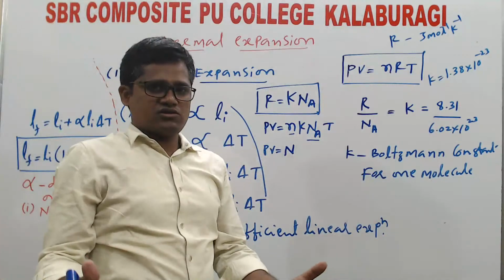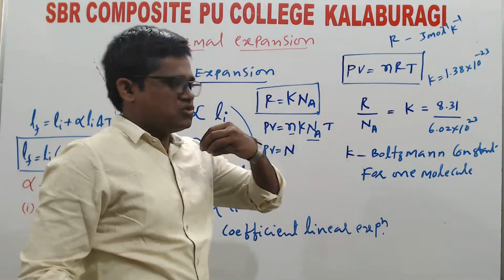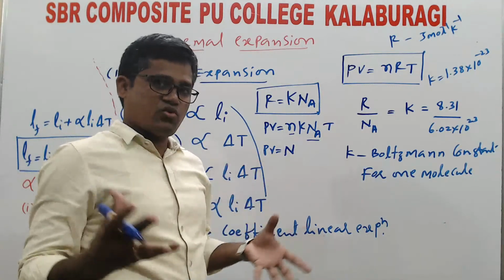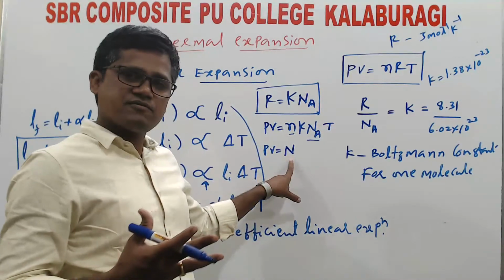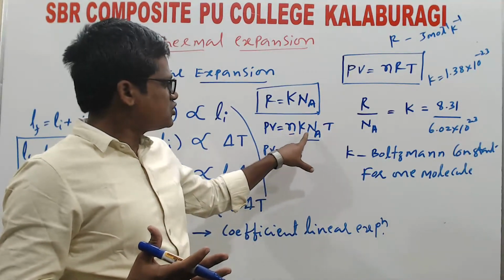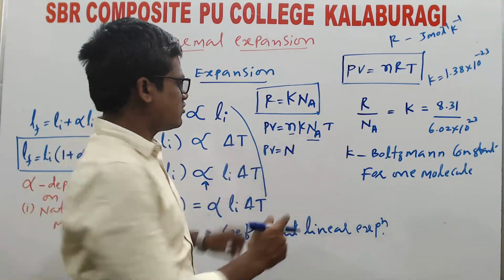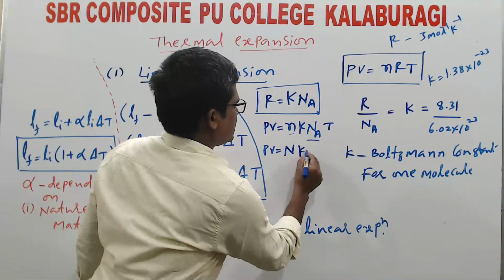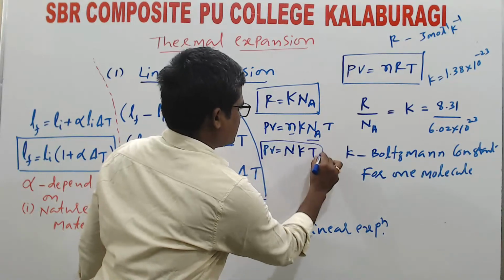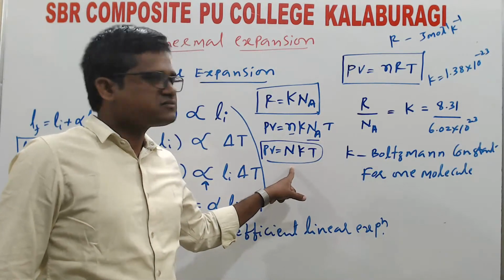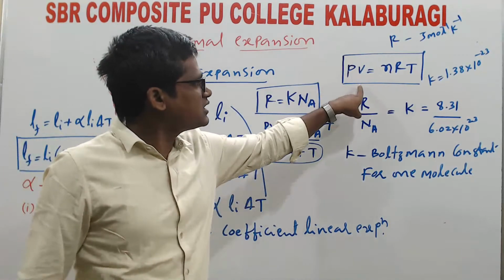You have got some gas with, say, 10 to the power 10 molecules, or 10 to the power 20, whatever the total number of molecules is. Number of moles into the number of molecules present in 1 mole gives the total number of molecules. This is K here, and this equation will help you molecule-wise, a bit more microscopic than the previous one.